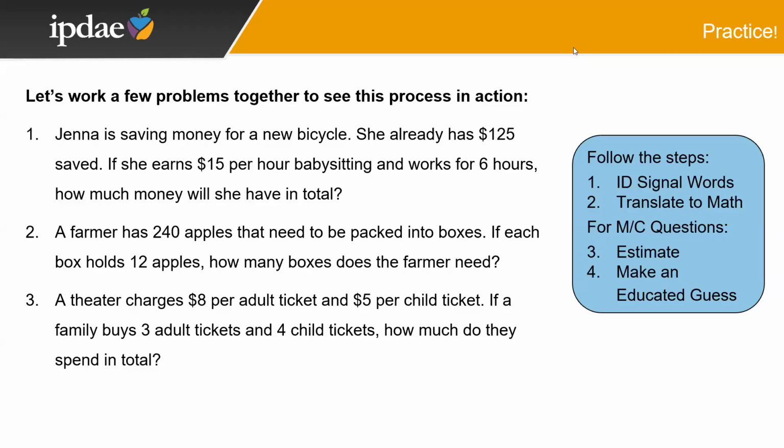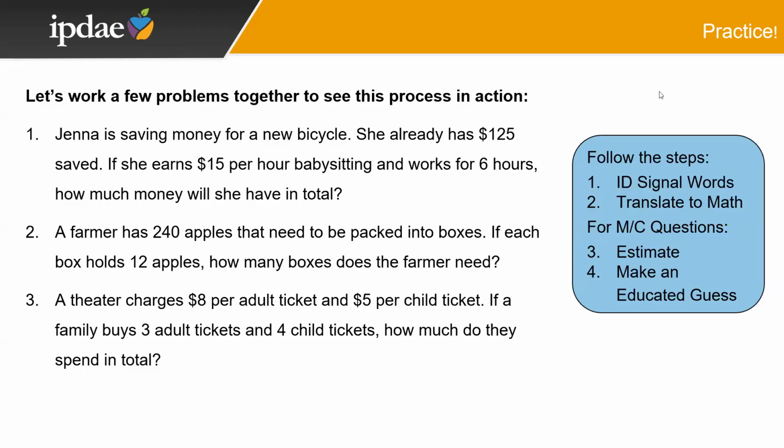Total is hopefully going to signal our final answer of something equals something, right? But so might has. The farmer has 240 apples in each box, and then that's going to equal some other scenario. I should read a little deeper here, but yeah, excellent. Y'all identified some great ones there.